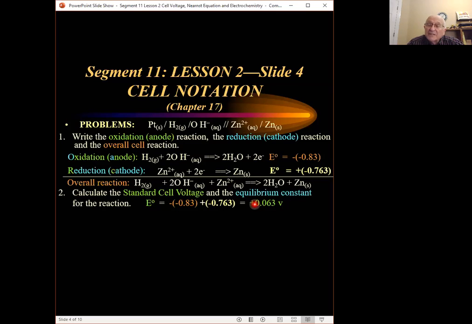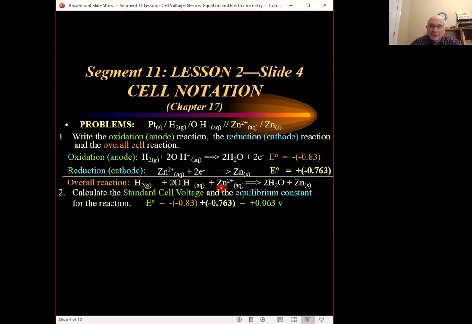Now, it's spontaneous when? When I've got hydrogen at 1 atmosphere pressure in connection to a platinum electrode in a solution that has 0.1 molar hydroxide ion in one cell.